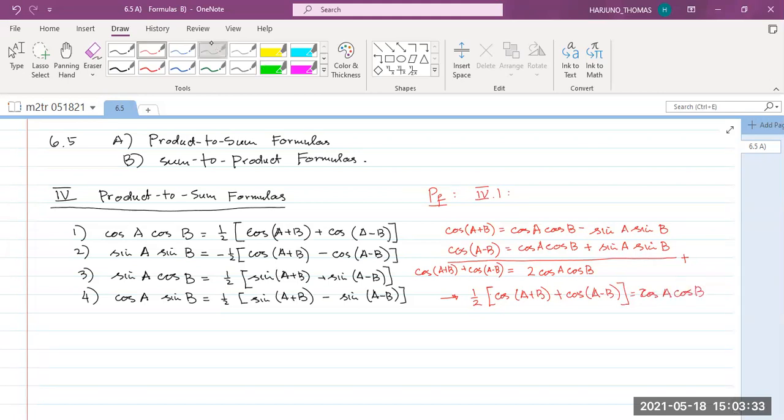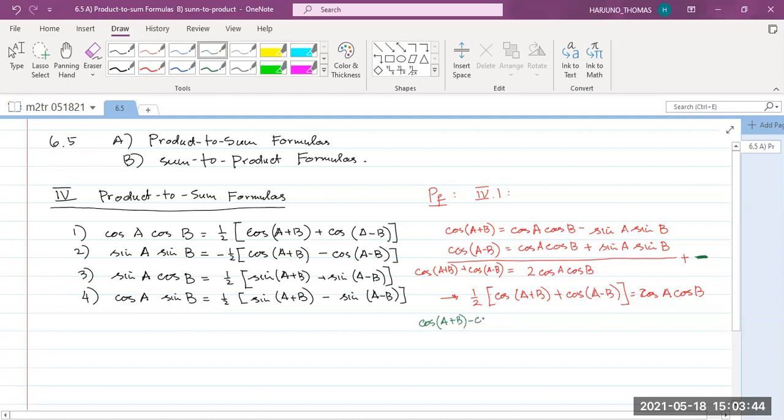Now, if we subtract instead, then we will have cosine A plus B minus cosine A minus B. Now the terms that are the same will cancel instead, right?